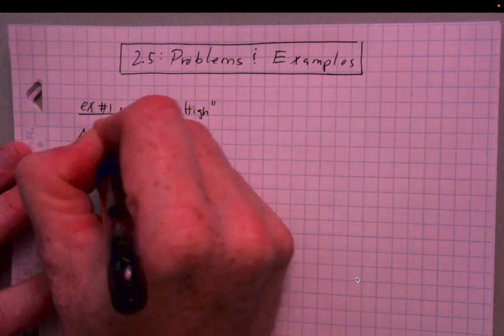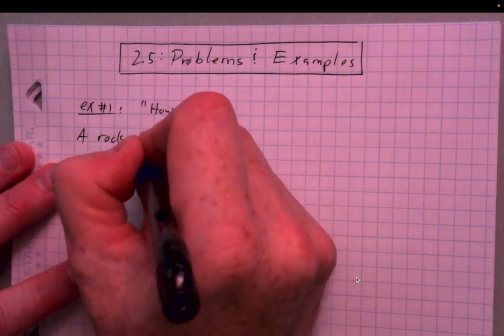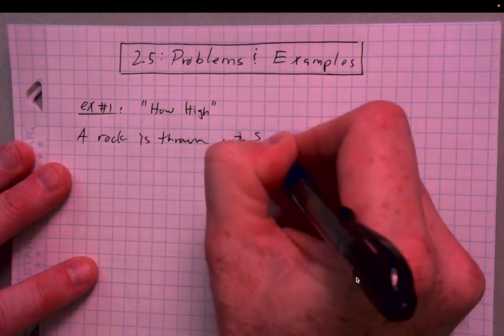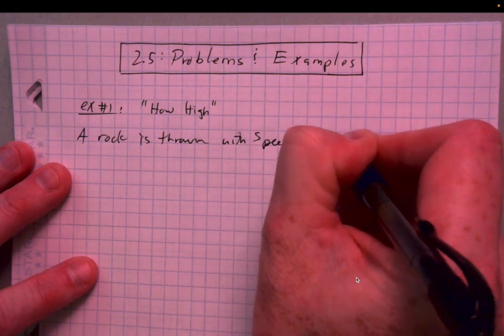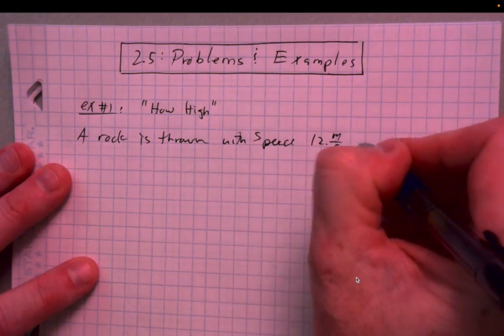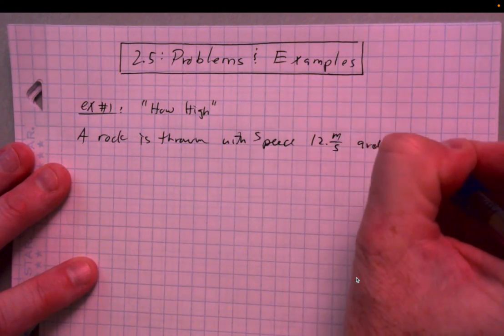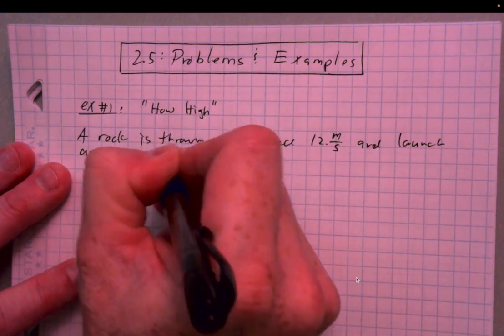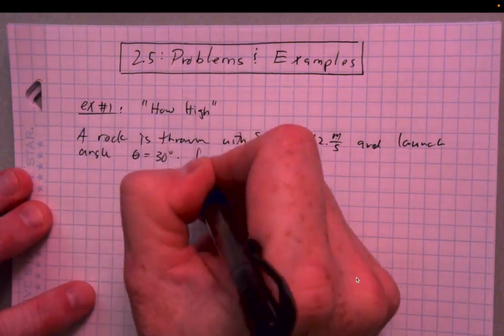So a rock is thrown with speed 12 meters per second and launch angle theta equals 30 degrees from an unknown height.